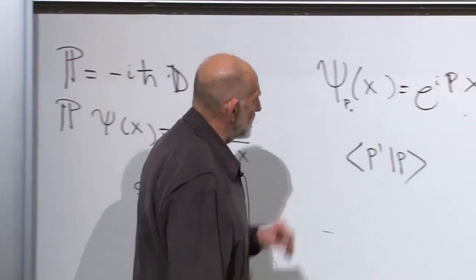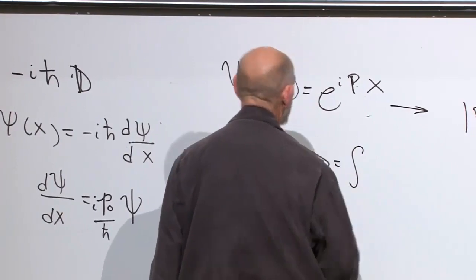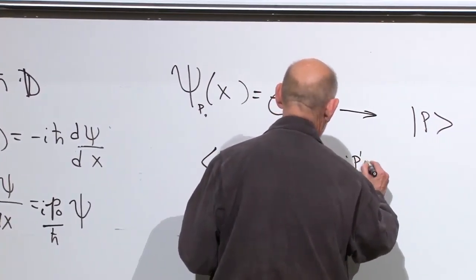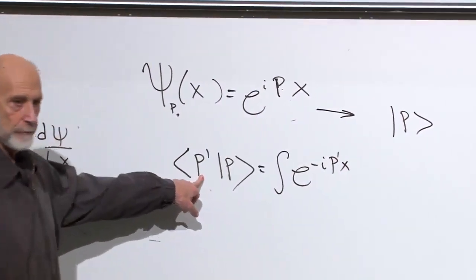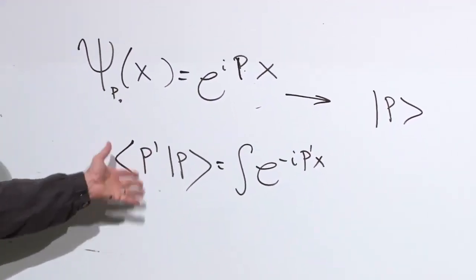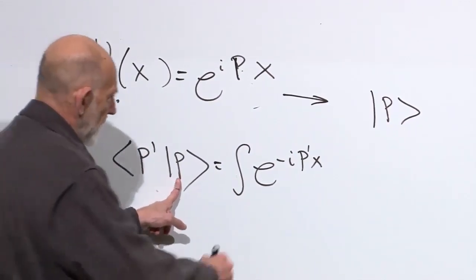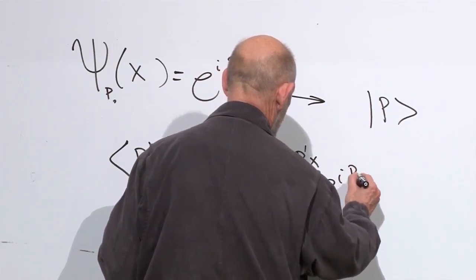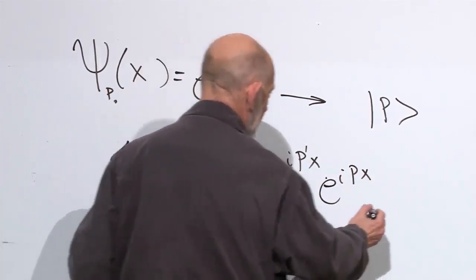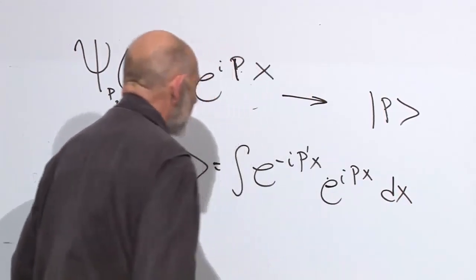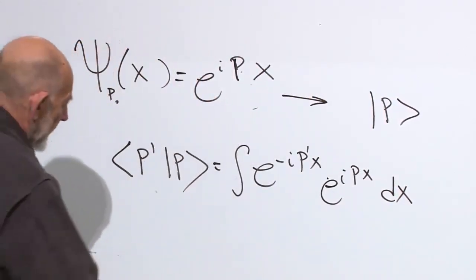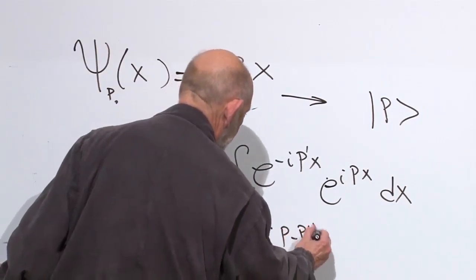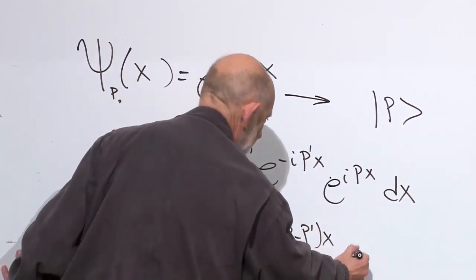So that means the inner product is the integral of e to the minus i p prime x, that's the wave function of p prime, or the complex conjugate of it, and then the wave function for p, e to the i p x dx. Or equivalently, the integral of e to the i (p minus p prime) x dx.